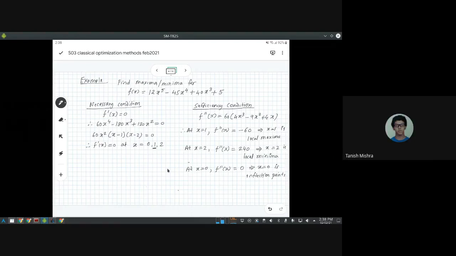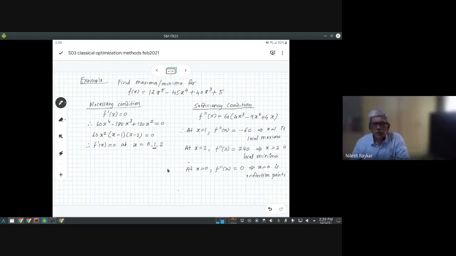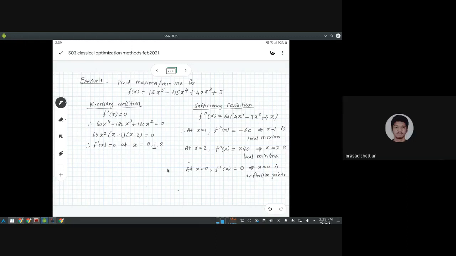But suppose the function is highly oscillatory, then if we just take a small distance, we might end up skipping an entire maxima or minima. No, that is not his point. His point is you don't calculate the further derivatives at all. You just stop at the second derivative and you can deduce from there itself. So I need to check that. Right, Prasad? That's what you are saying. Yes, sir.